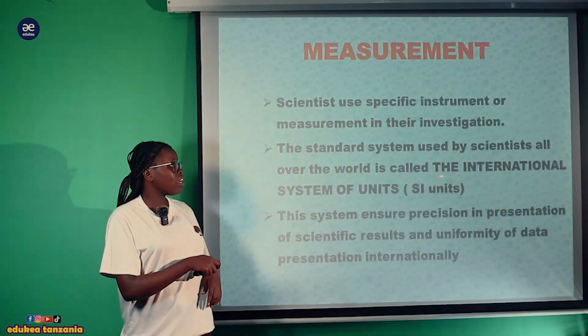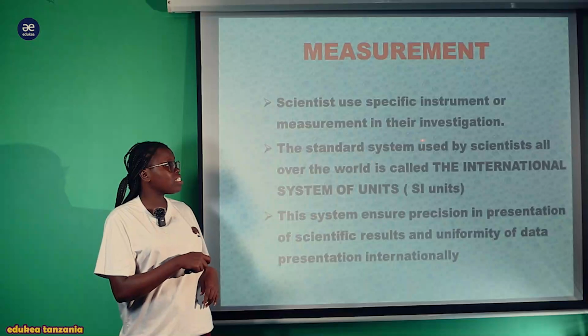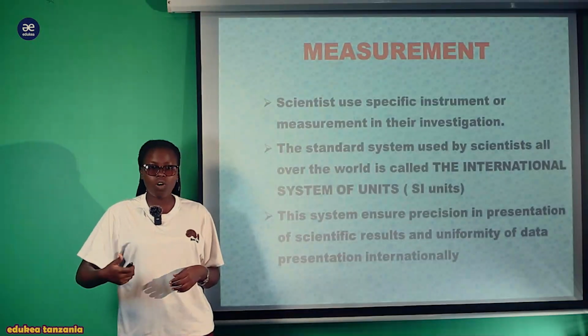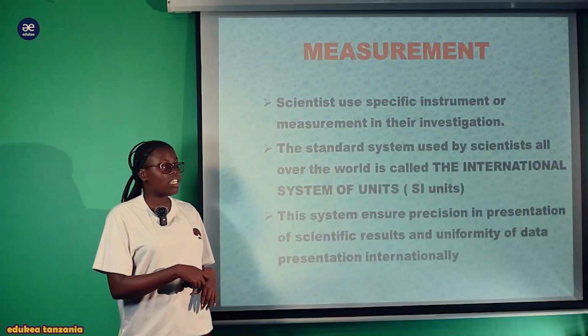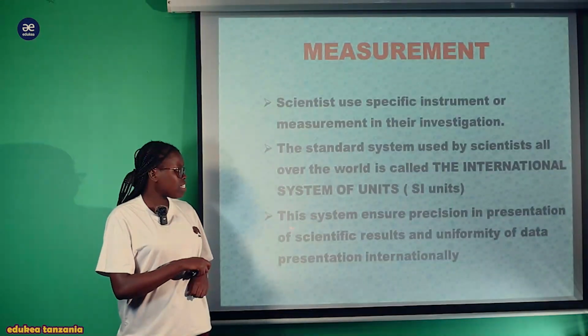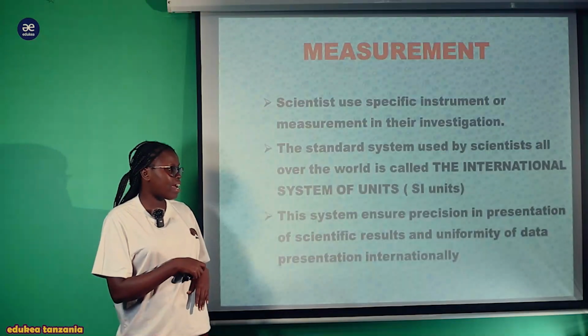Hii ni standard system ambayo imekubalika na wanasayansi duniani kote kutumika kama kizio cha kipimo au SI unit. This system ensures precision in the presentation of scientific results and uniformity of data presentation internationally.